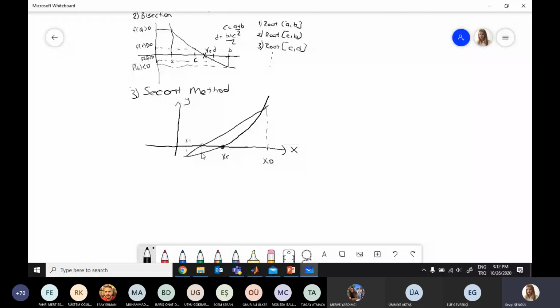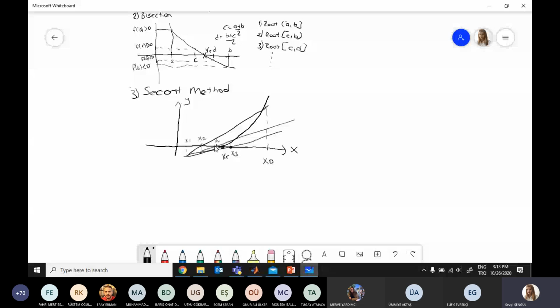From here, we were using the previous value. So the previous value is x1. Between x2 and x1, we are defining a secant line. Let's say this is crossing the x-axis here. This is your x3, right? And between x3 and x2, now you will define a secant line, and this is your x4, wherever this secant line crosses.